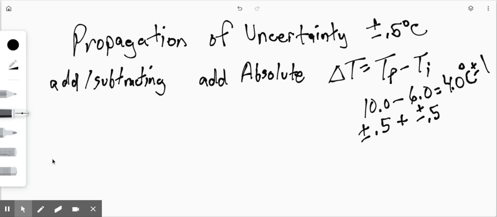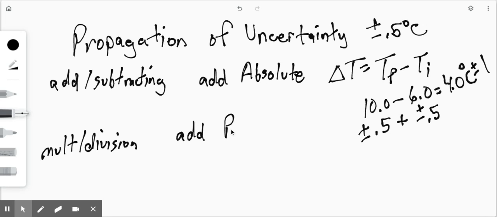There's only one other rule, and that's when you're doing multiplication or division. The rule says when you're doing multiplication or division, you add the percent uncertainty.